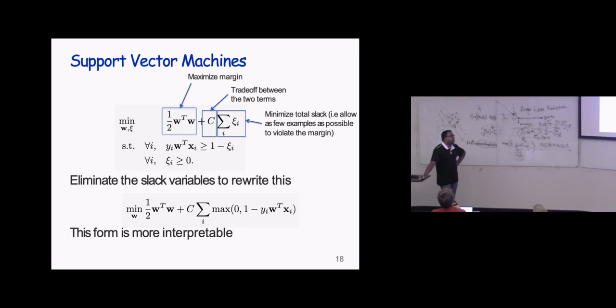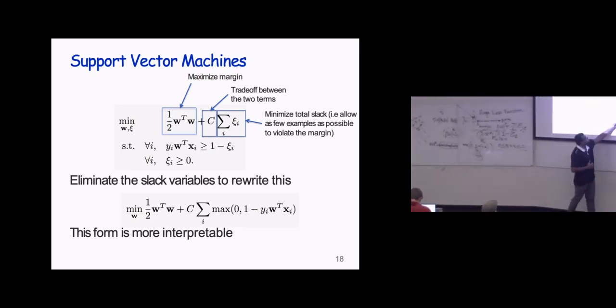And this form is more interpretable. You have fewer equations to worry about. There is no slack variable anymore. Everything is in terms of x, y, and w. That's something we already know. We know x is our data, we know y is our label, and we know w is the plane that we are trying to learn. And we have a single minimization problem in terms of w.